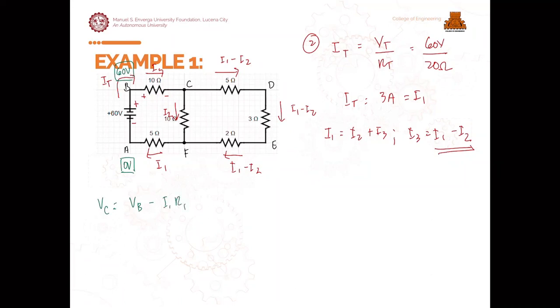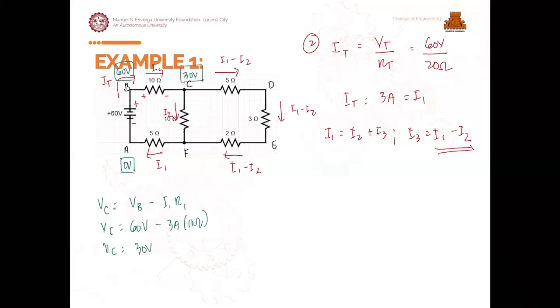So we calculate: VC is equal to 60 volts minus I1, which is 3 amperes, times 10 ohms. So we have 30 volts.